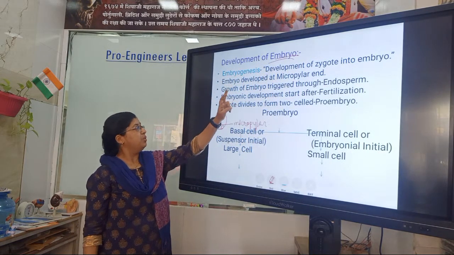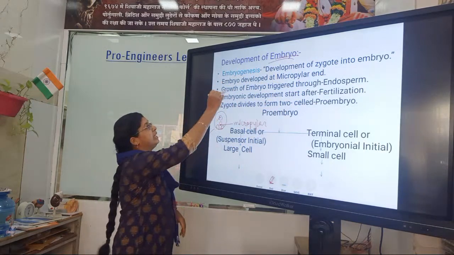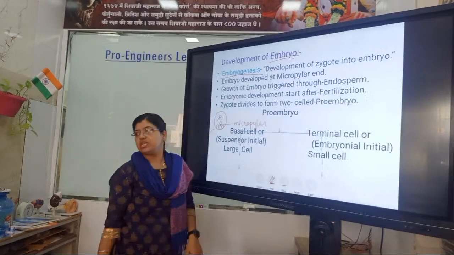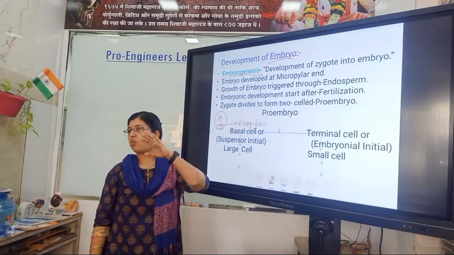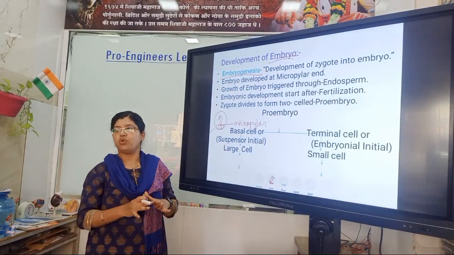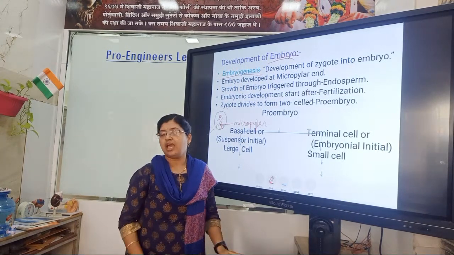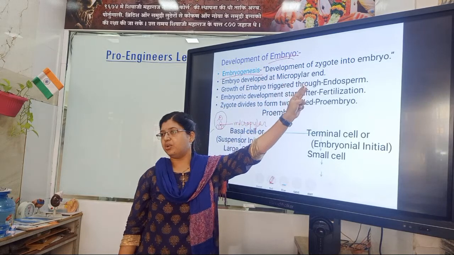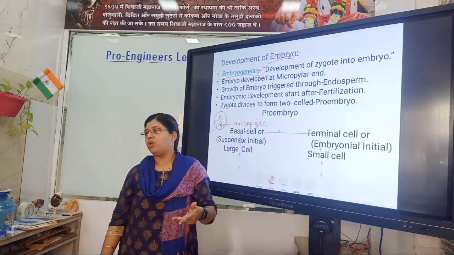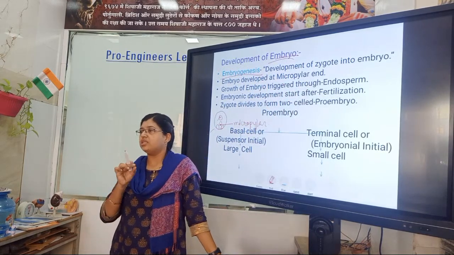Development of embryo means what? Embryogenesis. Genesis means formation, formation of embryo. How is it formed? Development of zygote into embryo. We already saw how the zygote is formed.